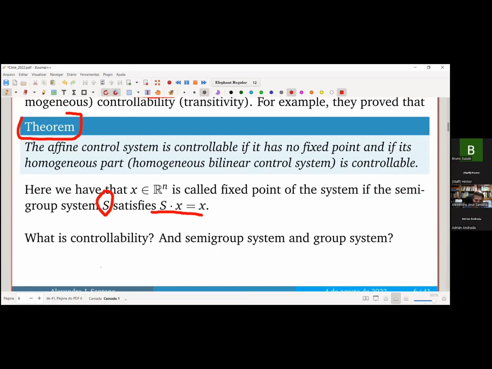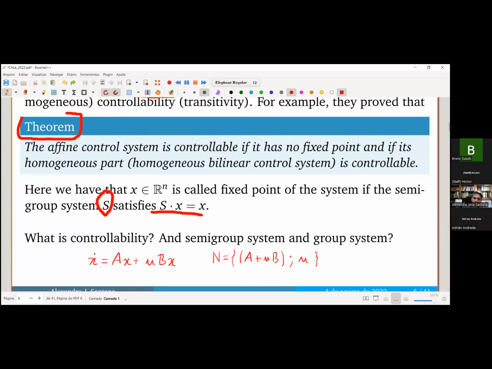for example, let me consider a particular case. Let's consider this bilinear system here. Then we can take, for example, the set of the matrices A plus UB, where U is the control maps that we are considering.